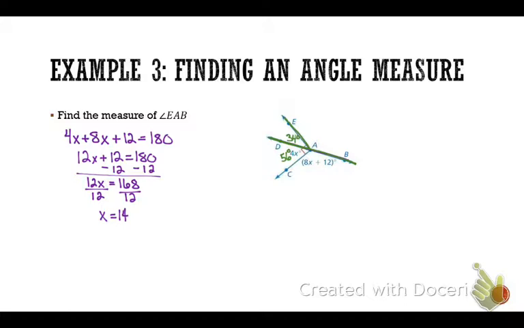So the line EA makes two supplementary angles. So if this one's 34, you can subtract it from what? 180 to make 146 degrees. Angle EAB equals 146 degrees.